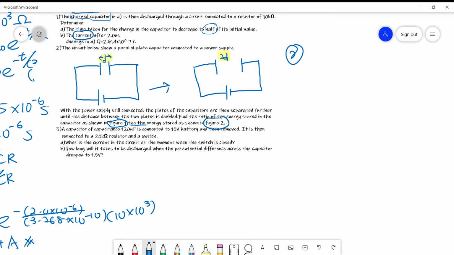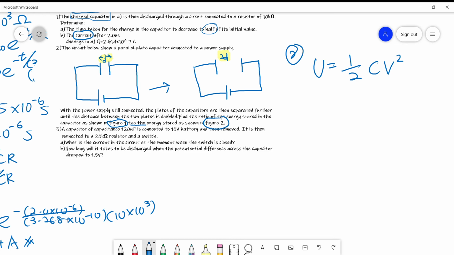So basically the question requires the ratio of the energy stored in figure 1 to the energy stored in figure 2. The formula for the energy stored, we know, is U equals 1 over 2 CV squared.